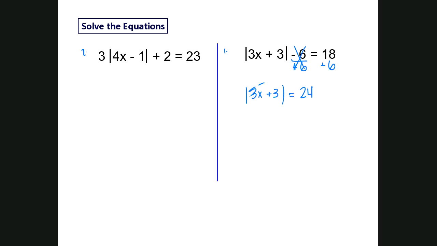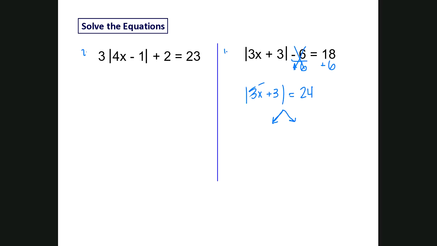Okay, so once I get the absolute value part of the equation by itself, then I make the two different equations. The absolute value of 3x plus 3 needs to equal 24. So on the inside of this, that means if I have 3x plus 3 equals 24, the absolute value of 24 is 24.